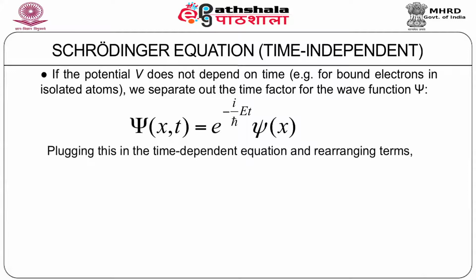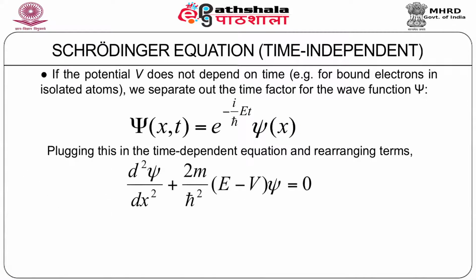So if you plug this equation into the time-dependent Schrodinger equation and rearrange the terms, you can take a piece of paper and pencil and check that you get the time-independent Schrodinger equation, which is d square psi dx square plus 2m by h cross square (E minus V) psi equal to 0.